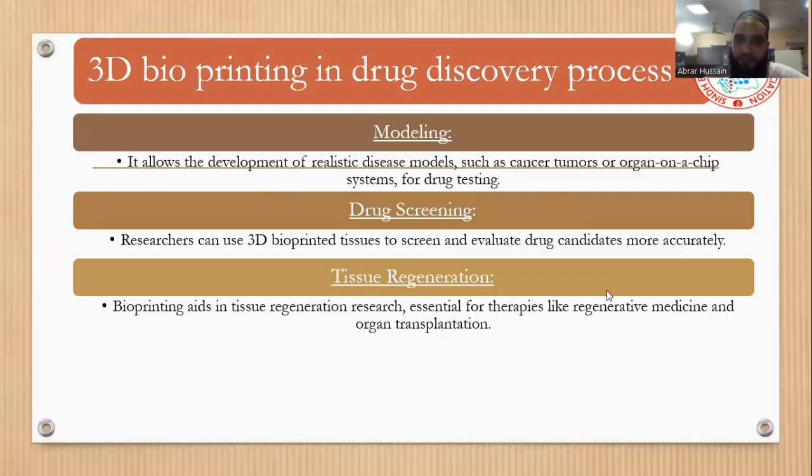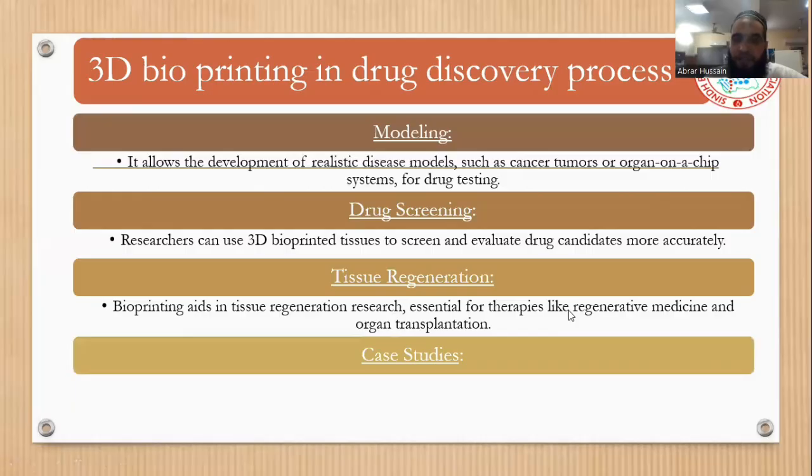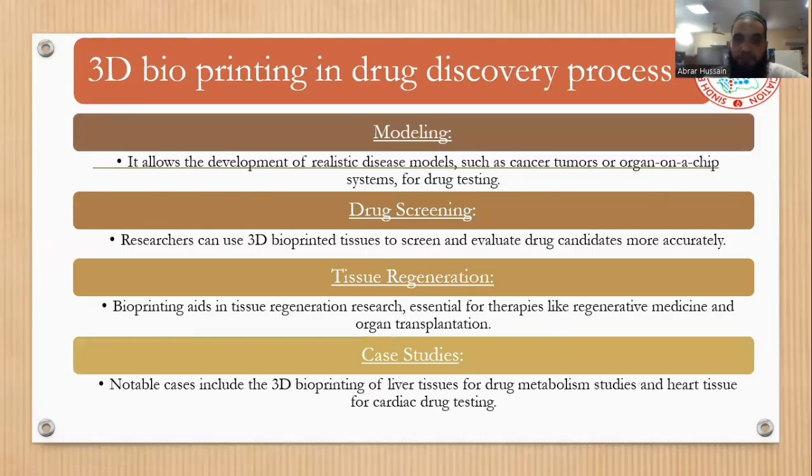There are also some case studies. For example, 3D printing of liver tissue for drug metabolism and heart tissue for cardiac drug testing are already available and in use. So it simply means that 3D bioprinting is used in the drug discovery process, and there are cases available which show its potential effect.